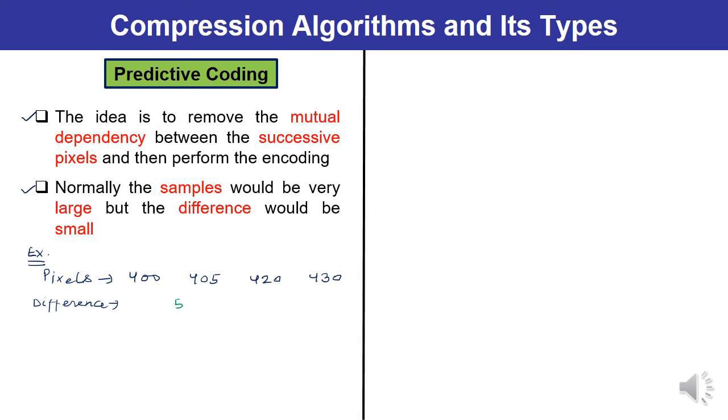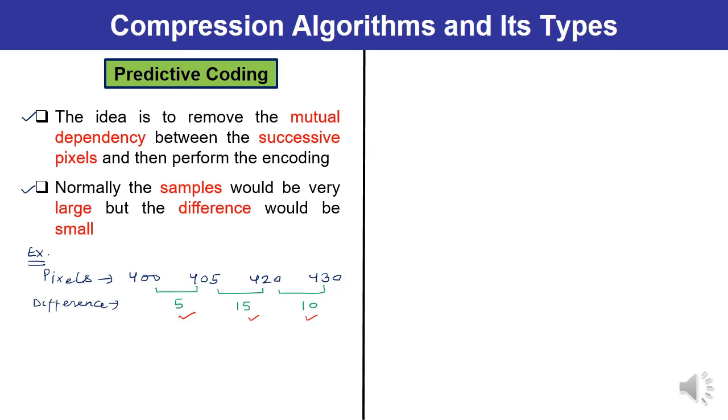Here the difference is 5, then 15, then 10. What you can observe is that the difference in pixels is less than the original values: the differences are 5, 15, 10, while the original pixels are 400, 405, 420, 430. It means that to express the difference, fewer bits are required. Therefore, it makes sense to encode the difference rather than the original.